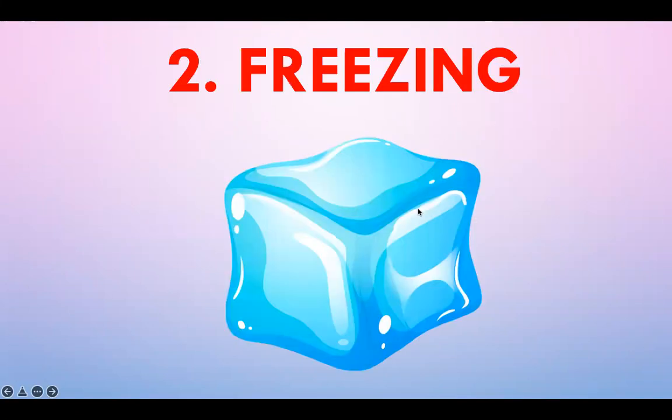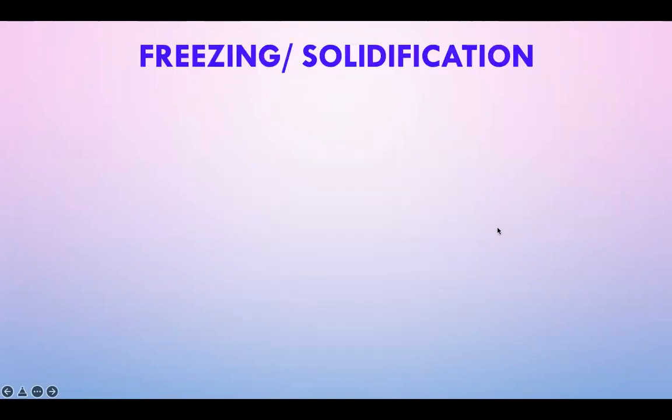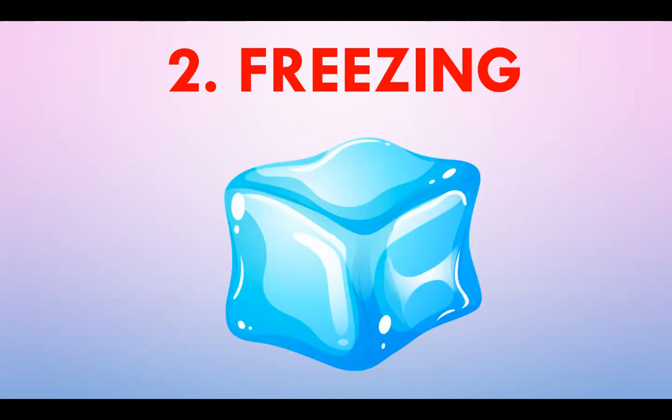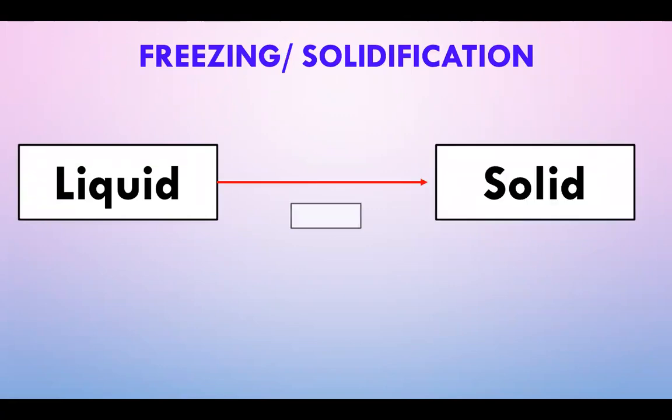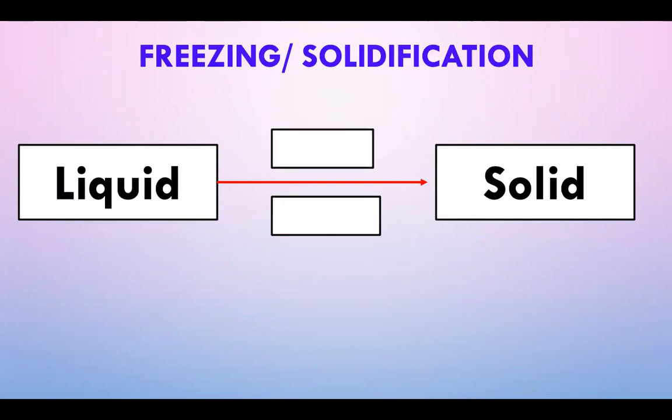So then freezing. Freezing is the other side of melting. That is also called solidification. Freezing or solidification is the other side of melting. That means liquid will become solid. So what's the reason why a liquid becomes solid?